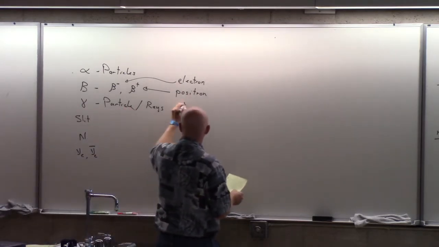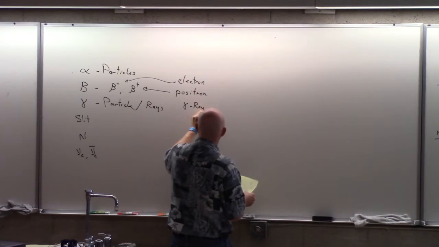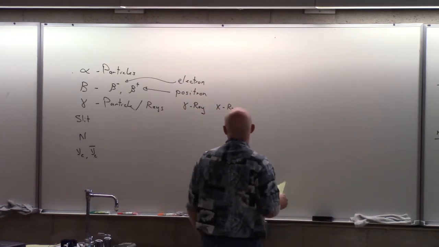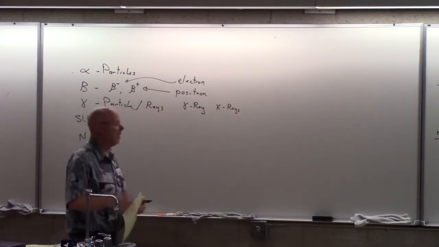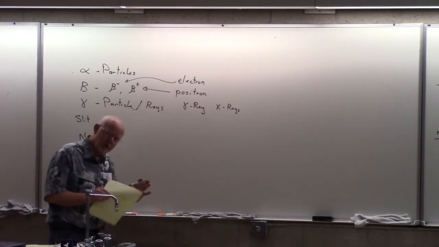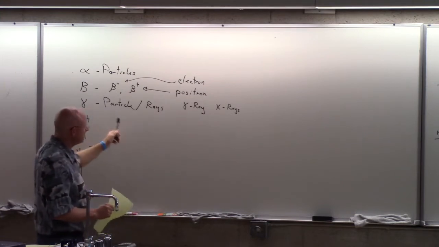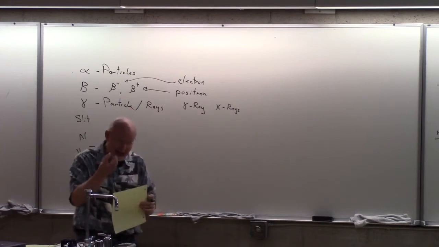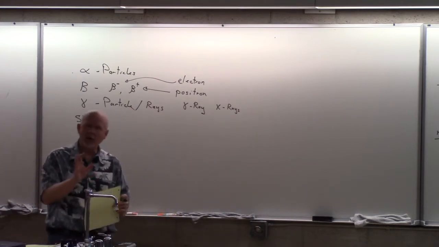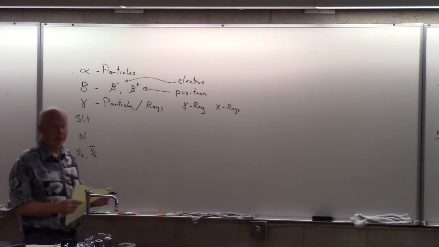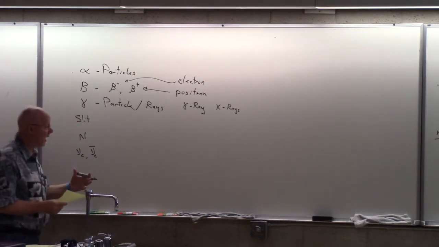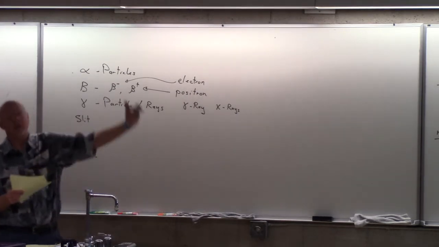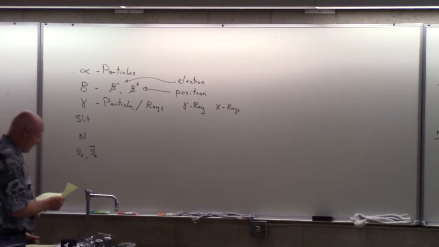And so I will put here gamma ray, but it could also be X-rays. The high energy ones, usually when the nucleus does something, are gamma rays. If there's what we'll later call an electron capture, then they're a little lower energy, and so it's an X-ray. But either way, it's still just a high energy electromagnetic photon, like we were talking about in the last chapter, and like we talked about when we did our optics.